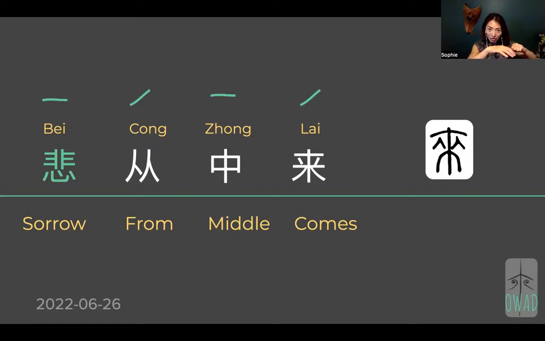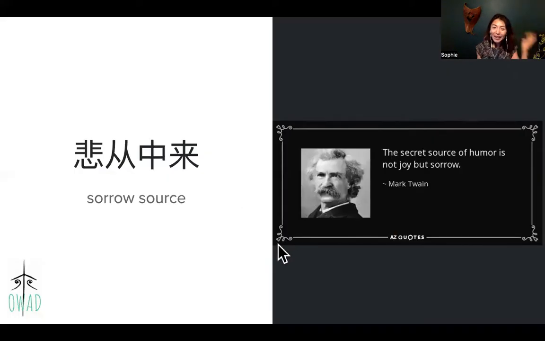It comes like following, sequentially right after, on the heels of the previous occurrence, comes the sorrow. Okay, I hope I explained it. So 悲从中来, it's hard to translate because in English we don't exactly have, okay, now it's time for the sorrow emotion to come. So that's basically what it is.